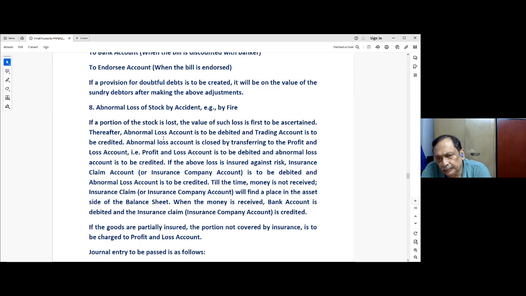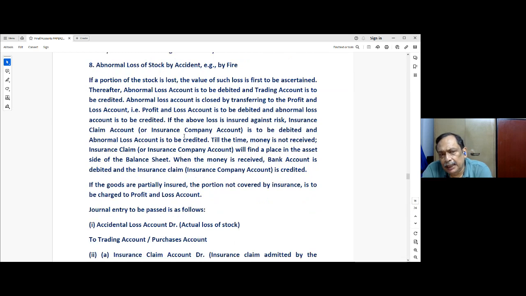Till the time money is not received, insurance claim or insurance company account will find a place in the asset side of the balance sheet. When the money is received, bank account is debited and the insurance claim or the insurance company account is credited.